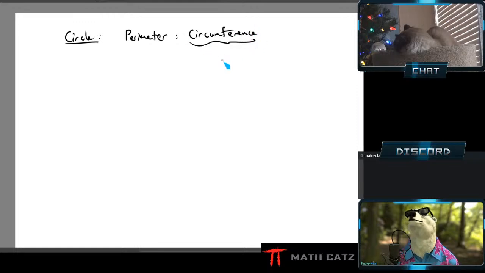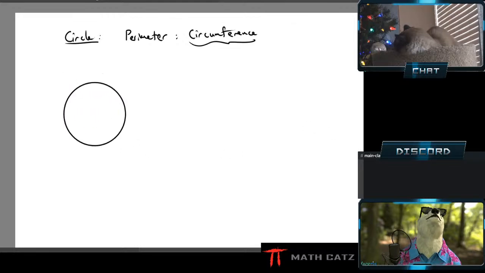And the circumference of a circle, let's draw, let me not freehand the circle, that'll just be embarrassing. Let's do it like that. Let's say we have a radius r. Circumference is simply 2 pi r. Easy enough formula to remember.